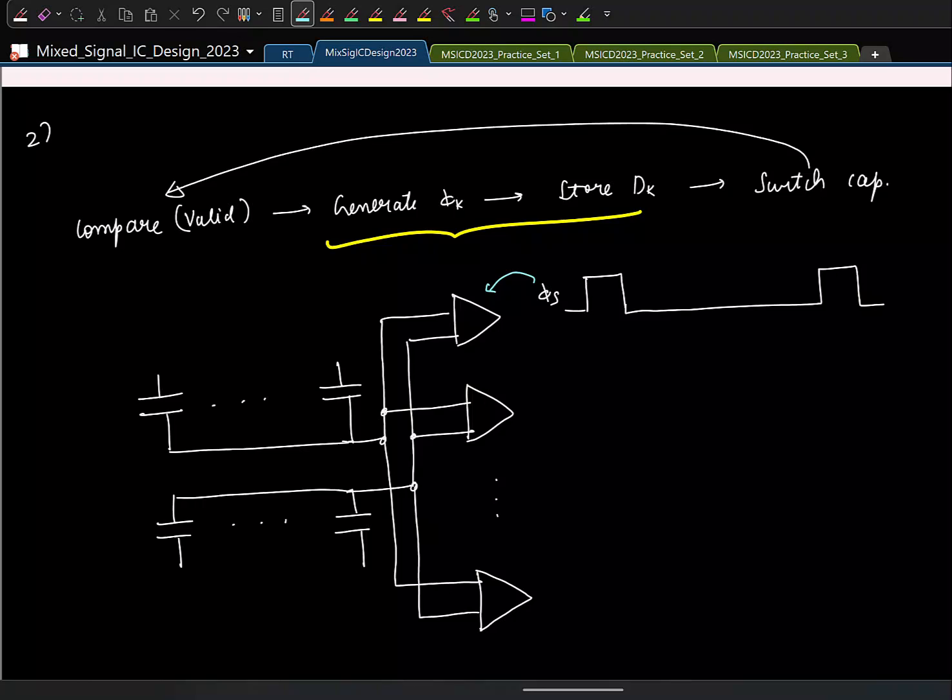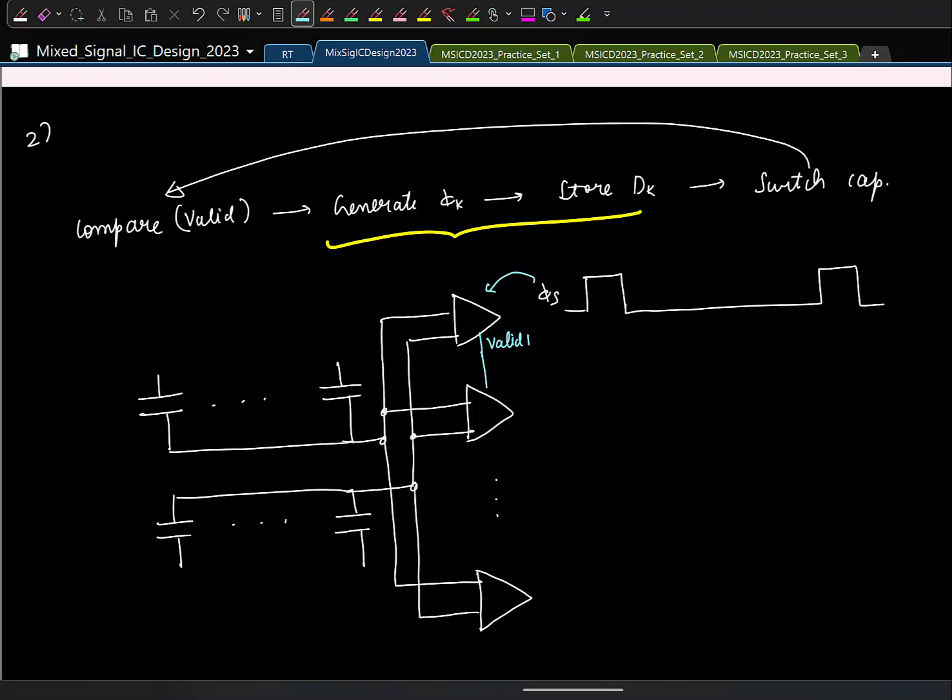Once the first comparator has finished its job, it is going to generate the valid signal. Then what can I do next? Once the first comparison is done, what will I do now? I'll go and get ready for the next comparison by switching the capacitor here, and the next comparison will be done by the second comparator.